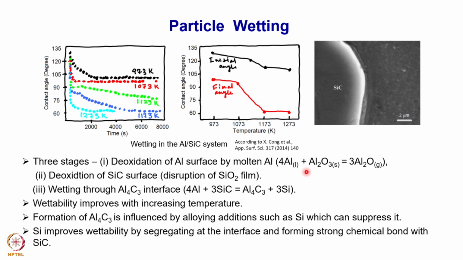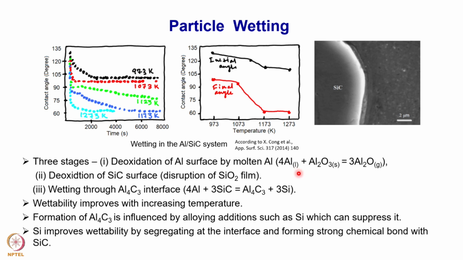So in order to have a good bonding or good wetting, this oxide layer has to be broken. Okay. So that is the first step, the deoxidation of the aluminium surface or removal of the oxide layer, so that a fresh aluminium surface can be presented to the reinforcement for the bonding to happen.